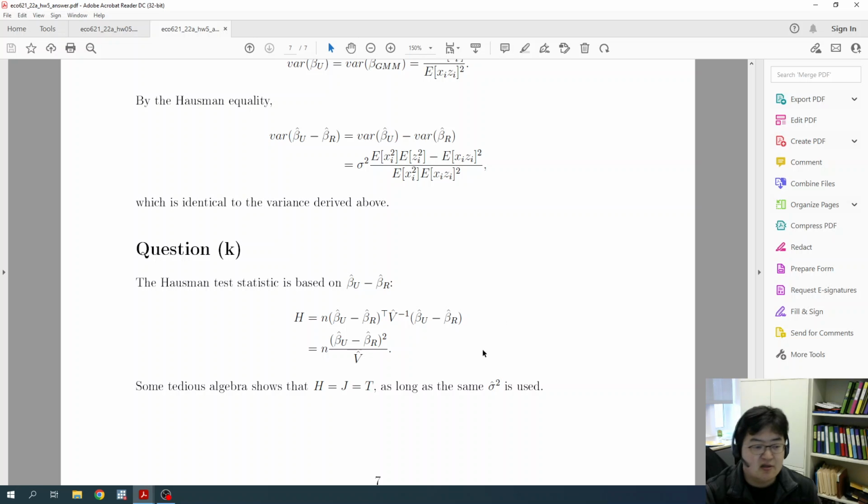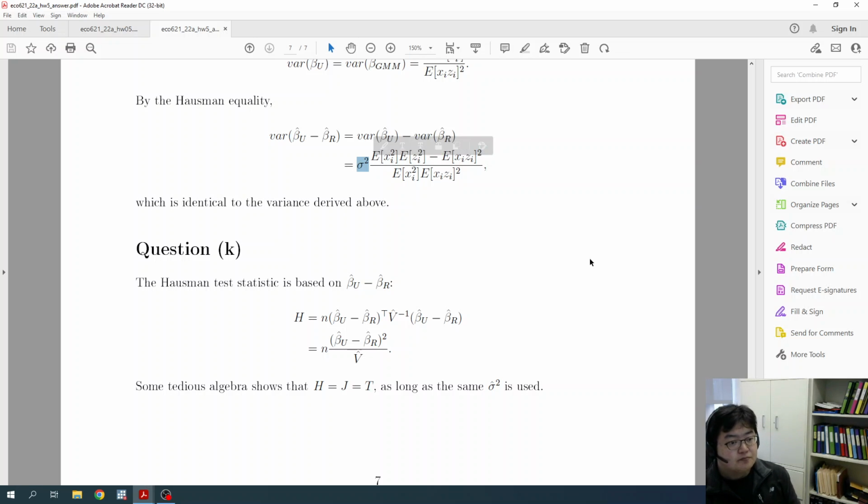Again, you need some algebra, but the same algebra is repeated again and again. If you did it correctly once, you just use the same algebra again. I'm not going to show that, it's just tedious. In the end, it will again be exactly identical as long as sigma squared is the same.